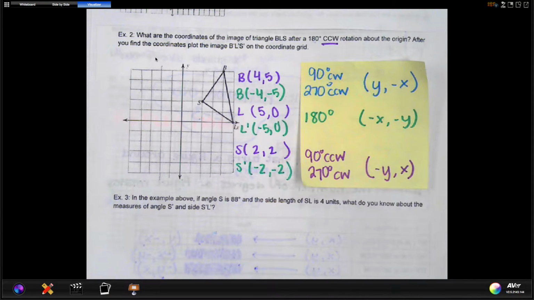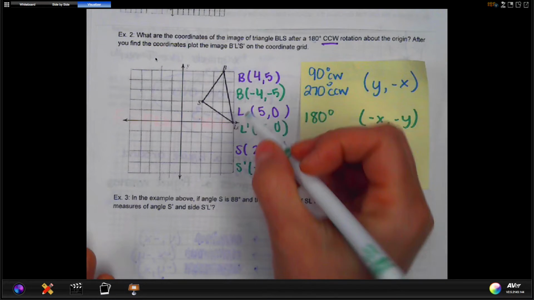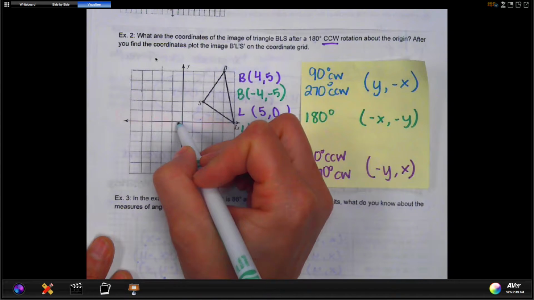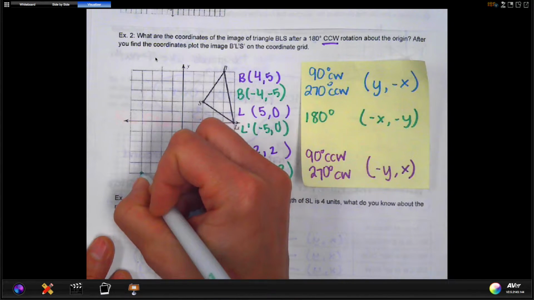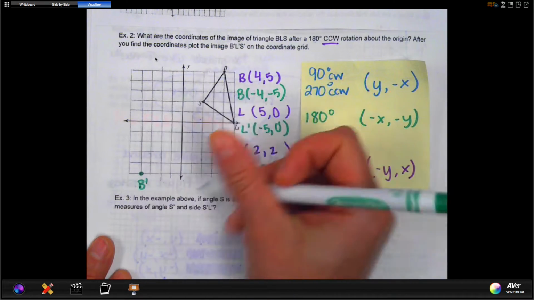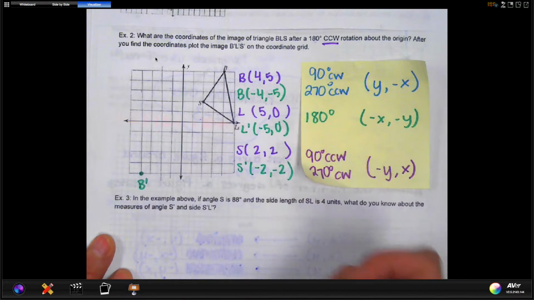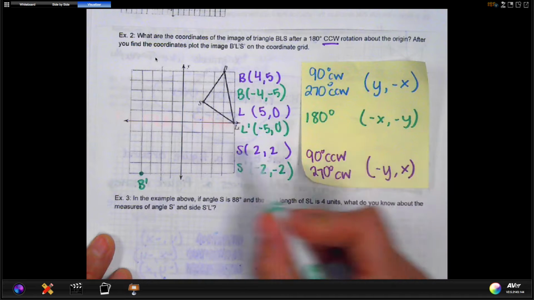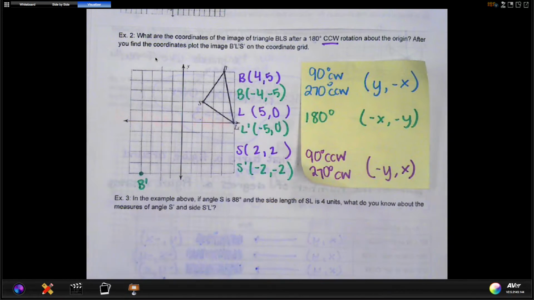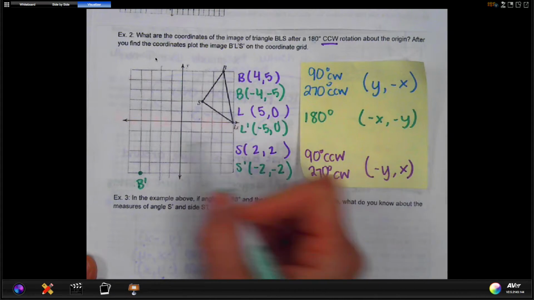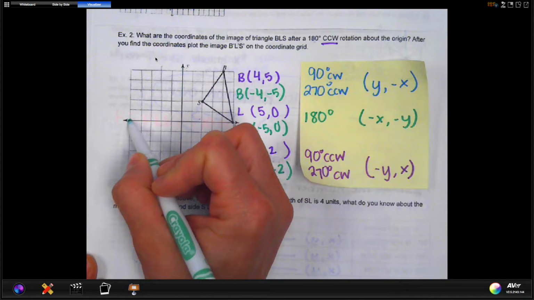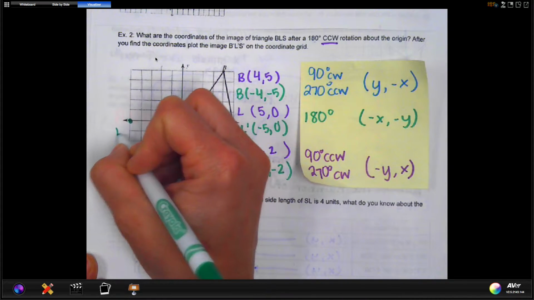And then we want to plot that on our graph. So -4, -5 means left 4, down 5. And it jumped 2 quadrants here. 180 is 2 quadrants, so we know that we are in the correct quadrant just by looking. -5, 0 for L, so left 5 and up and down 0, so L prime is there.